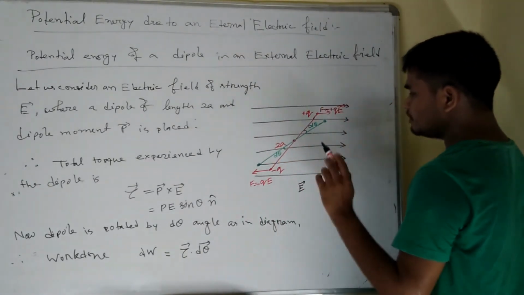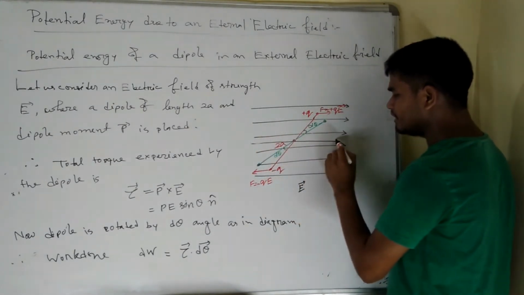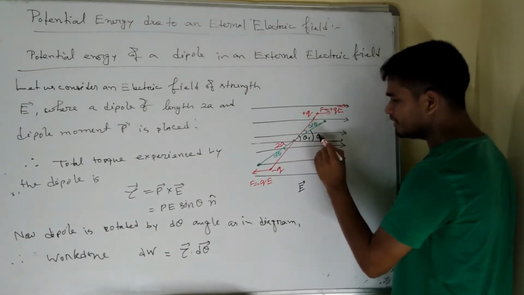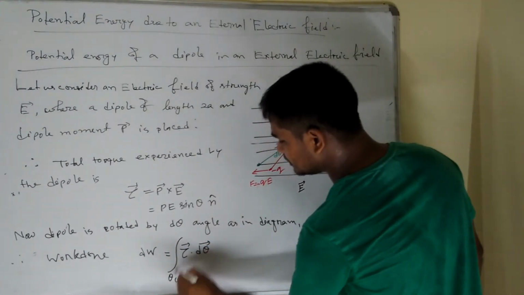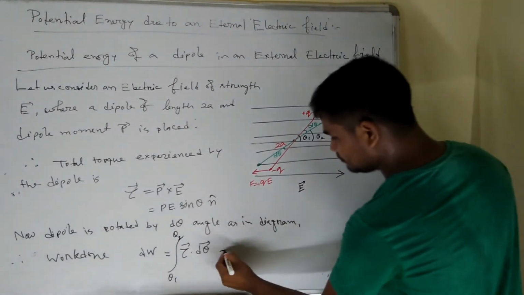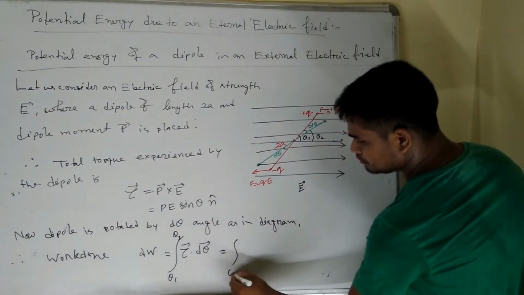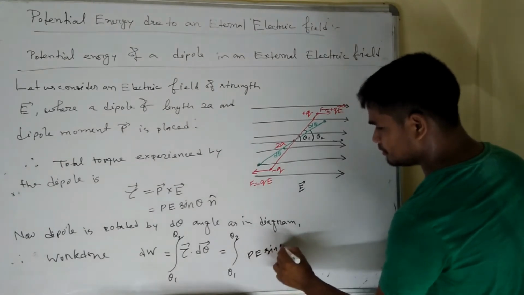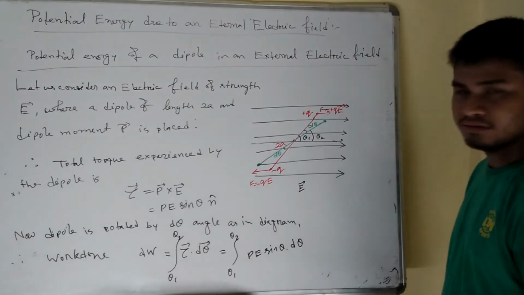Okay, so if the initial angle is theta 1 and the final angle is theta 2, then work done dW is from theta 1 to theta 2, where torque is PE sin theta into d theta.